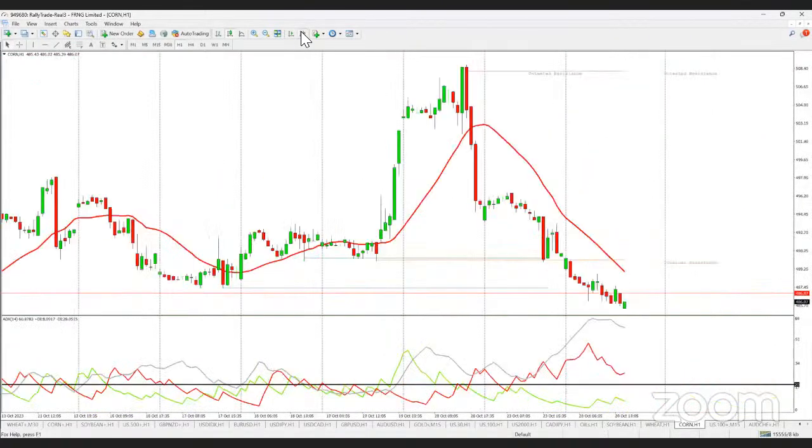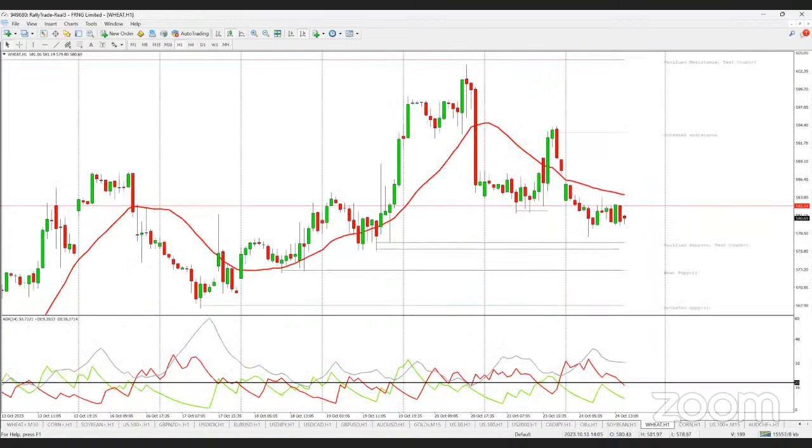Yeah, even on corn, I'm going in for a sell on corn. So sell on corn and sell on soya bean. That is actually what I'm going to be going in for.